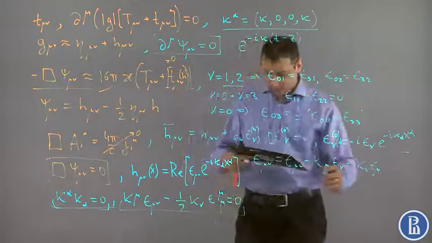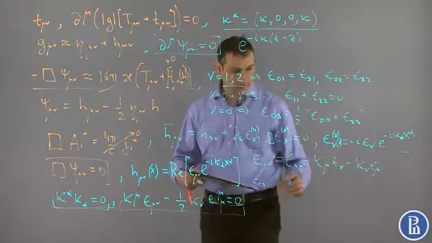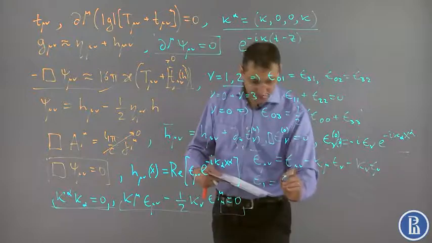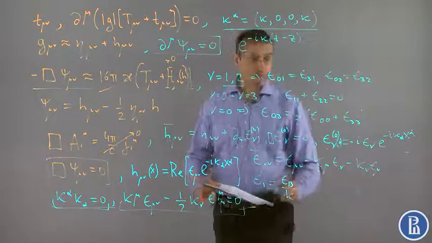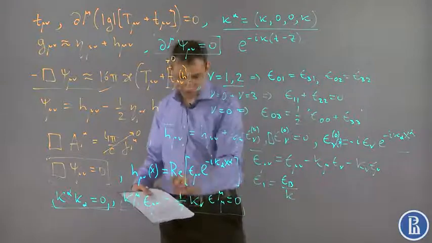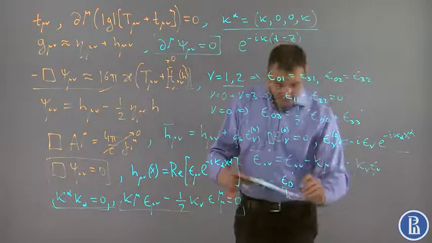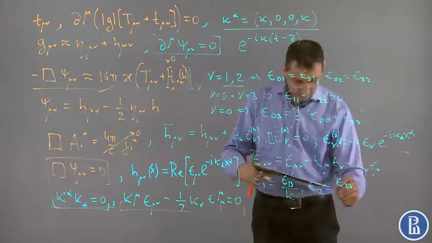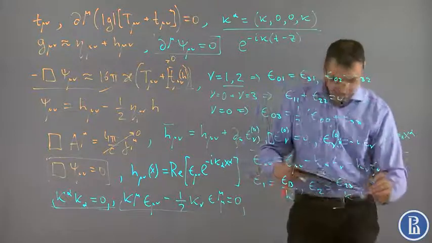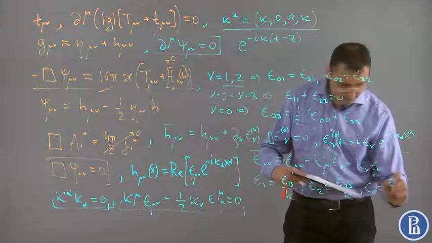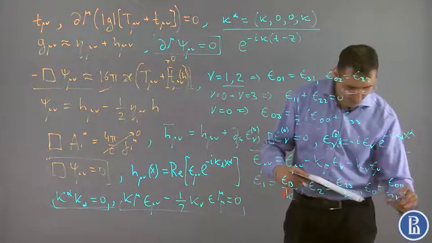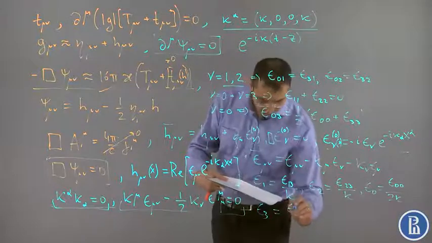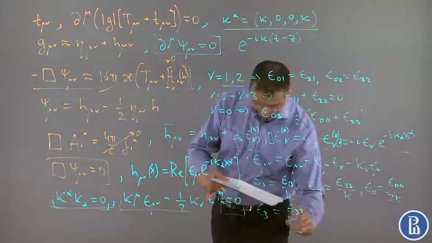Now, if we choose that epsilon 1 is equal to epsilon 1,3 divided by k, of this epsilon mu nu, and epsilon 2 is equal to epsilon 2,3 over k, and epsilon 0 is equal to epsilon 0,0 over 2k, and finally epsilon 3 equal to epsilon 3,3 over 2k.